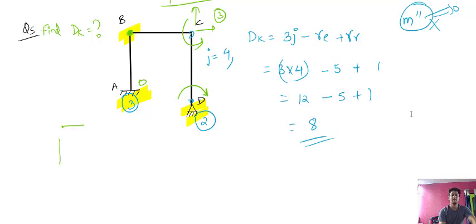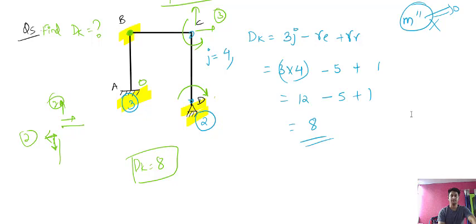At the internal hinge the moment is 0, so only horizontal and vertical will be there. You can consider it like this. So here 2 and 2 will be there. There will be 4 unrestrained displacements here, and 4 and 3 and 1. That is dk will be 8.